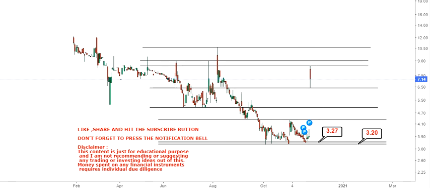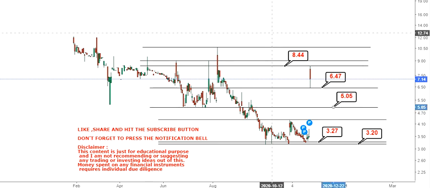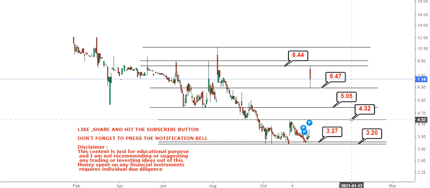For that, as you can see, the stock has been trading in this current range. On the lower side we have 6.47, and on the upper side we have 8.44. Inside this range the stock is currently trading. Now if the stock falls below 6.47, then obviously the next support will come at 5.05, followed by 4.32, and then we have 3.27 and 3.20.